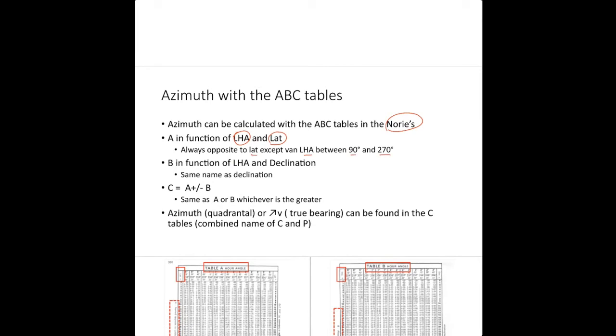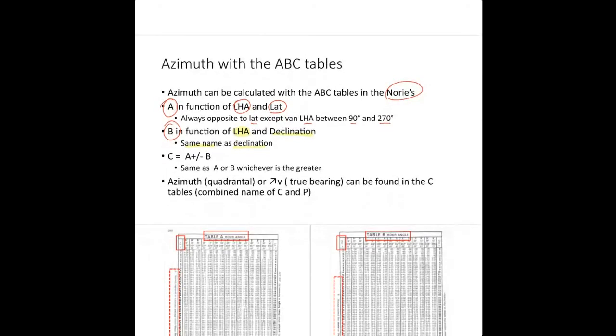The second element that you need to find is B. B is in function of the LHA and the declination, and it always gets the same name as the declination. Then you get a value for A, you get a value for B, and by adding or subtracting these two arguments, you get C. C gets the sign of whichever is the greater.